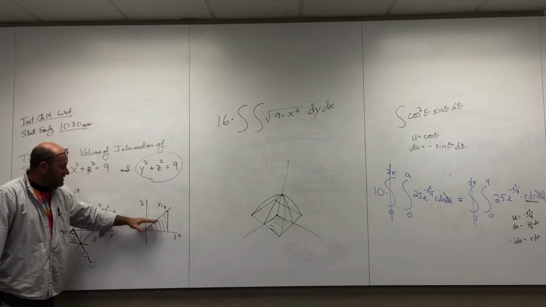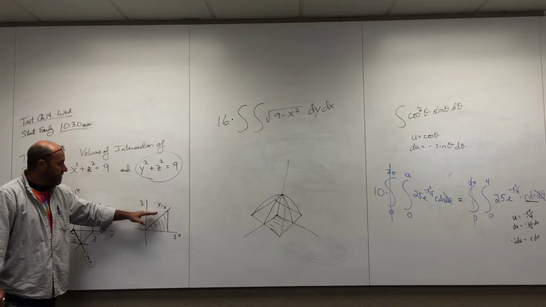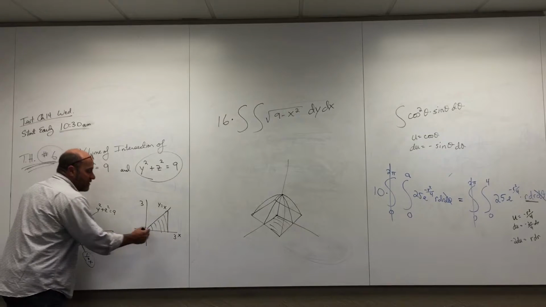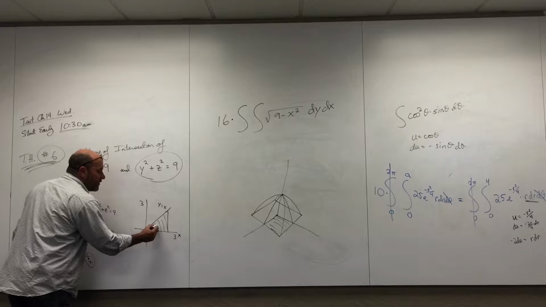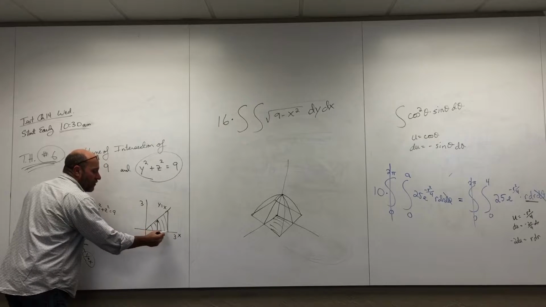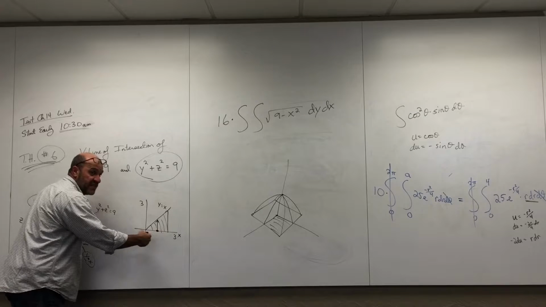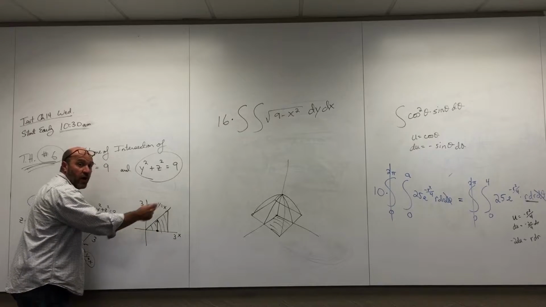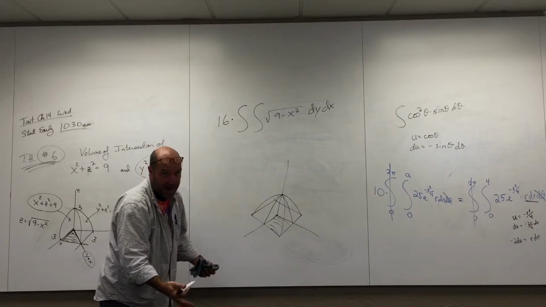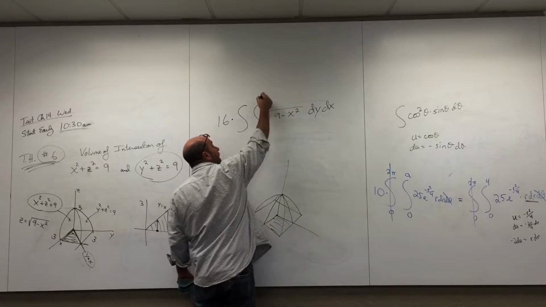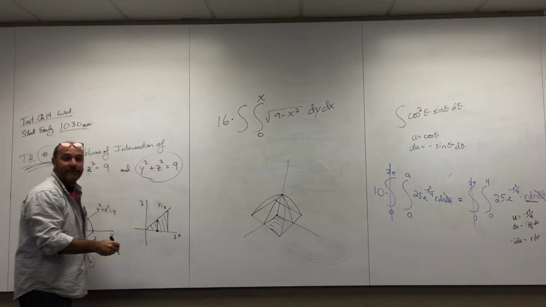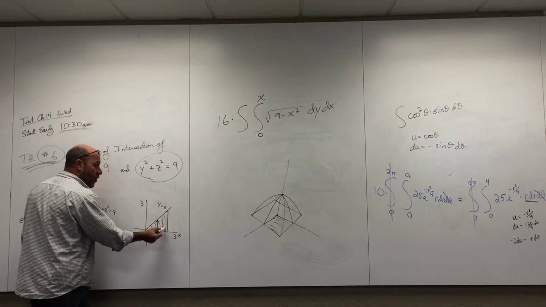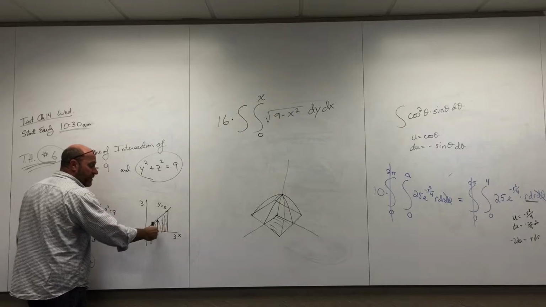So what's the bounds for y? My y bounds go from y equals 0 up to y equals x. And then you leave off the y equals and you put 0 to x. And then the bounds for x? After y does that, x goes from 0 to 3.